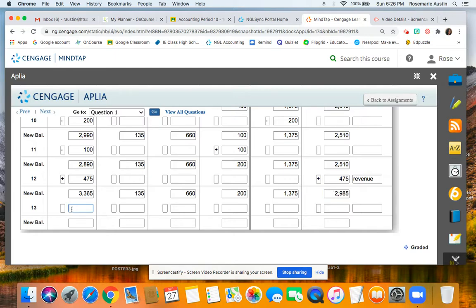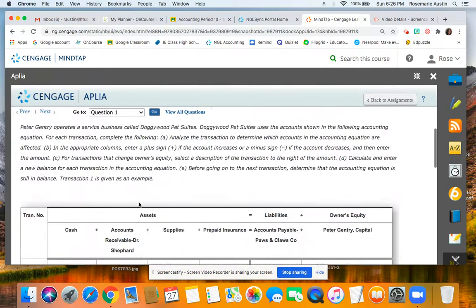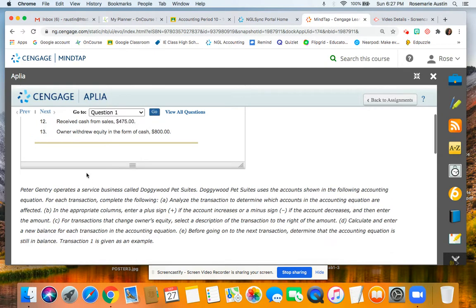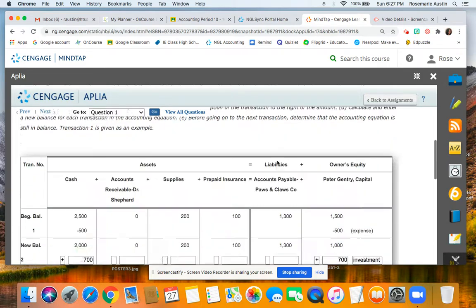Okay, and the last transaction, and then we'll add up our accounting equation on both sides and make sure we're in balance. Number 13 is owner withdrew equity in the form of cash. That means owner took out cash of the business for personal reasons. So that is a withdrawal. So cash is going to go down by $800, and the owner's equity is going to be reduced by $800.